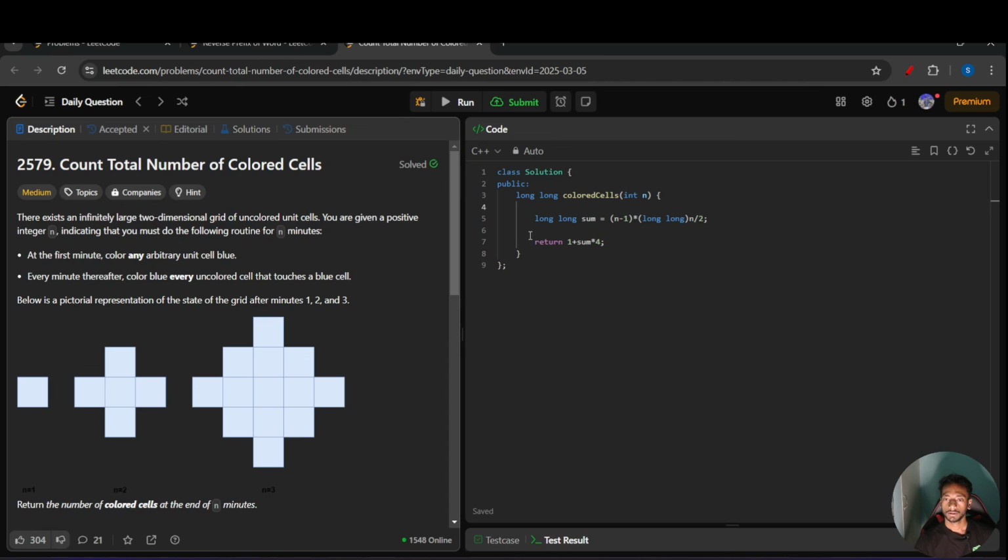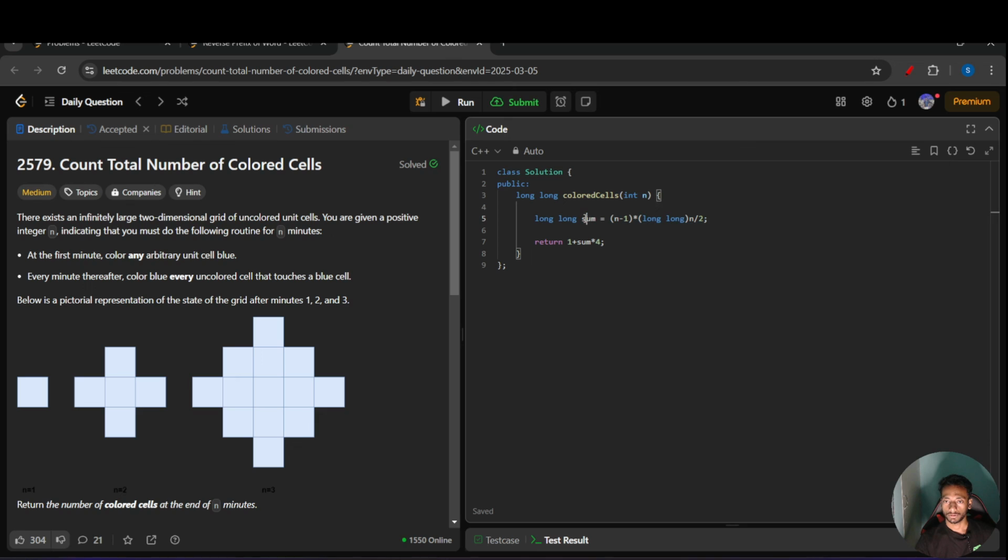So first of all, what is the sum? The sum is for n is equal to 2 onwards, the remaining number of minutes, because I already know that for n is equal to 1, the first minute, our number of cells will be 1. So I'm starting from minute 2.